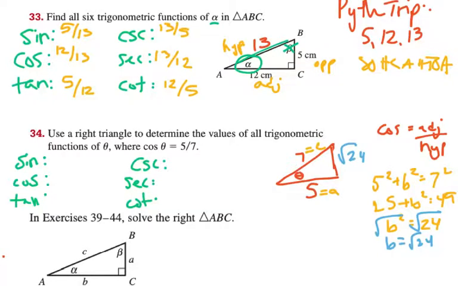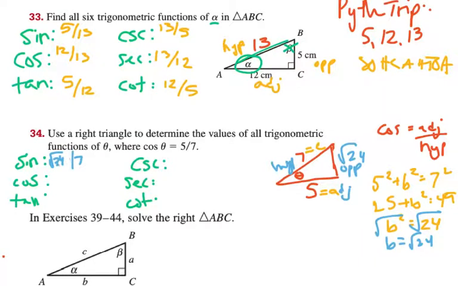Alright, so that means when we're setting this up, sine is opposite over hypotenuse. And so we've got opposite square root of 24 over hypotenuse 7. And let's say that you look at the answer key and that's not what it has. If you find the decimal equivalent, you'll notice that they are the same numbers. It's just that they most likely simplified if it's different.